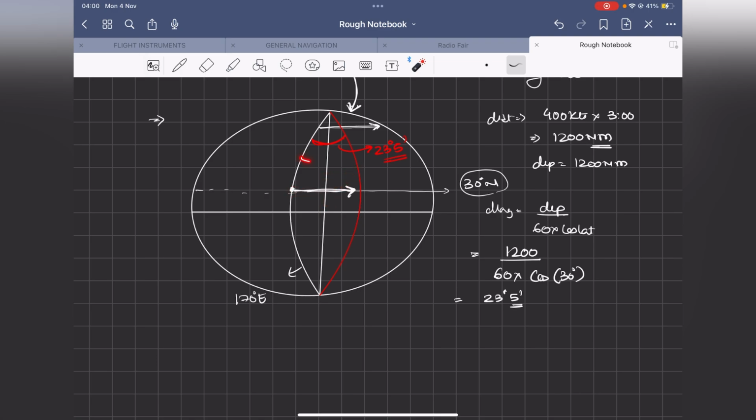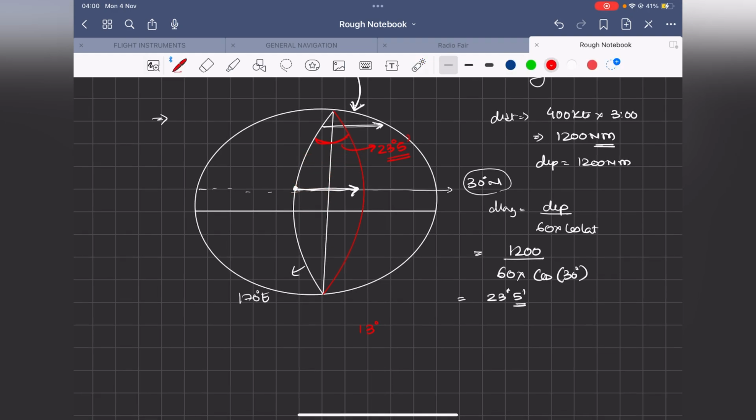So I know this is equal to 23, and I know this is equal to how much? 10, right? So how do I get this? I subtract 10 from this whole angle. So what do I get? I get 13 degrees 5 minutes. So this angle is equal to 13 degrees and 5 minutes.